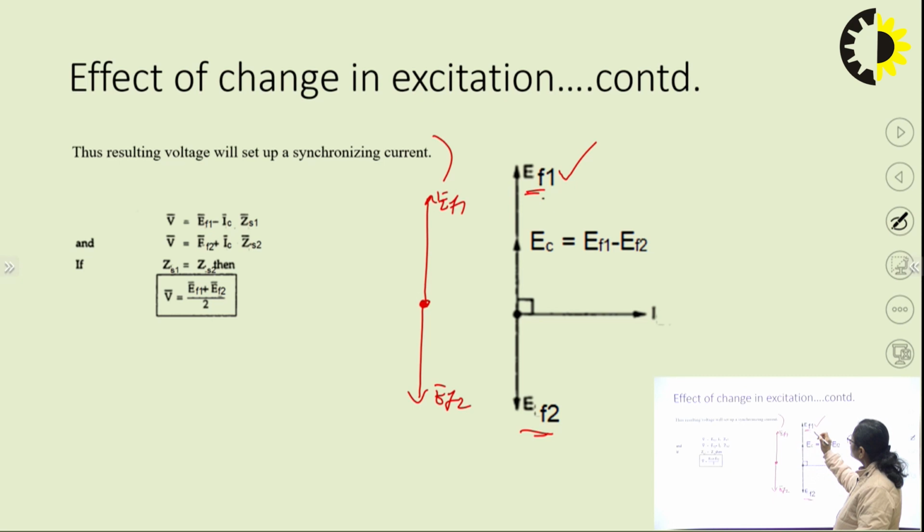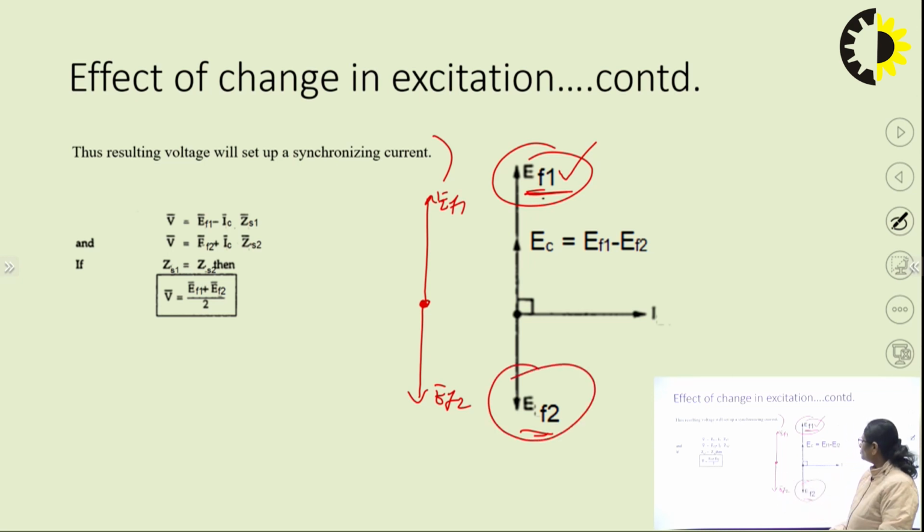Definitely there would be an increment in the excitation voltage. The excitation voltage EF1 is now more than the excitation voltage EF2. Because of the difference between the two, there is a voltage which will cause circulation of the circulating current in the local circuit formed by two alternators. What is the circulating current? The circulating current flows in the local circuit. Circulating current is not a part of the load current.